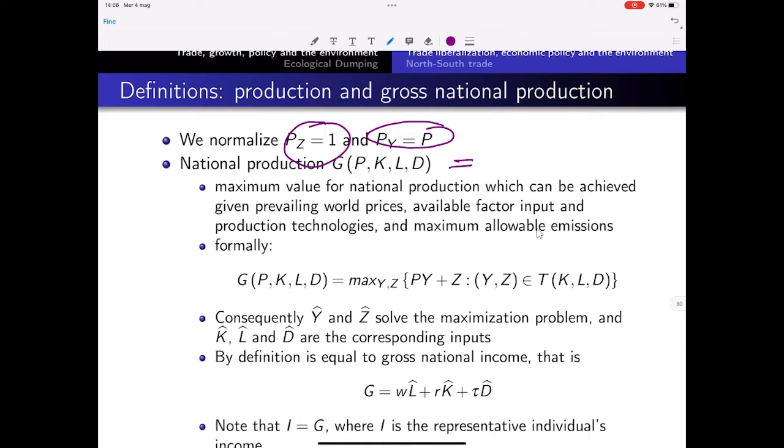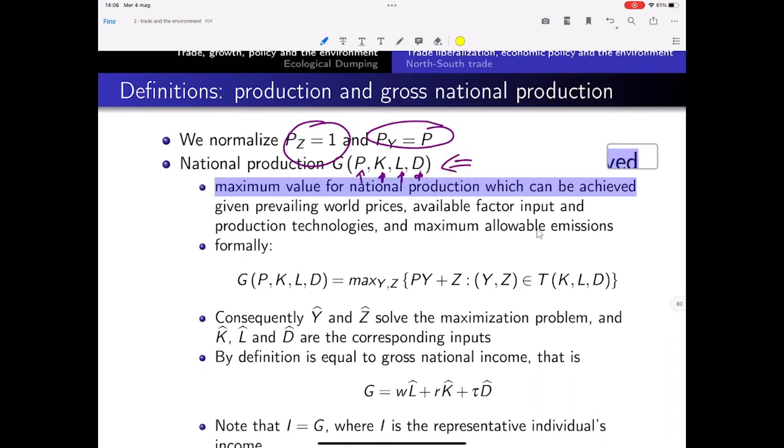National production I define as a G function, which depends on the price P, on K and L and D. I'm going to be more formal about what this looks like, but intuitively it is the maximum value of national production that can be achieved at prevailing world prices, available factors of production and technology, and maximum allowable emissions, if there is a cap, for instance, on emissions.